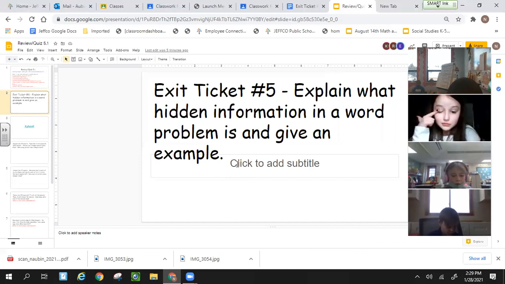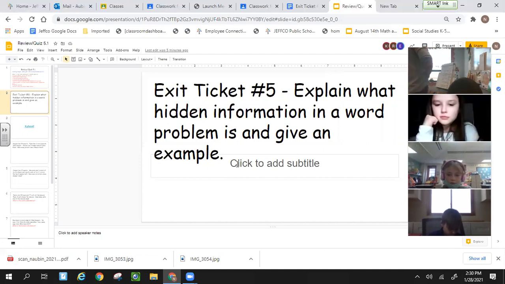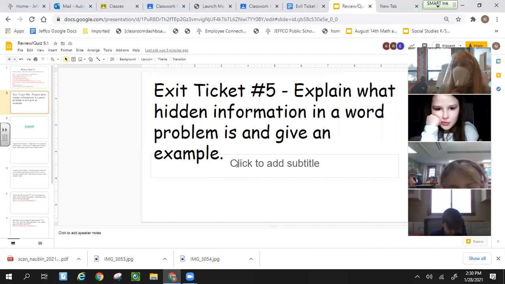You only have to give me one example, but you can give me more if you want. When you feel good about your answer, your explanation, you may put the paper in the classwork basket. At home, when you feel good about your explanation, you may turn it in.